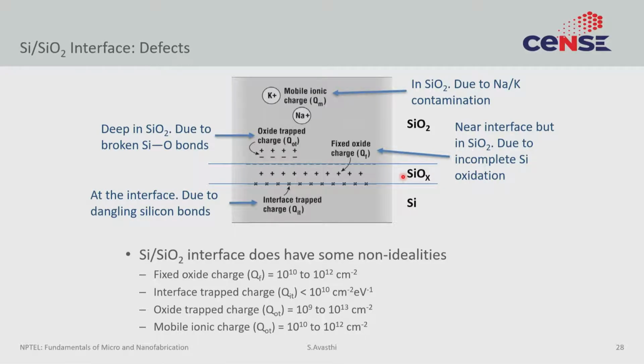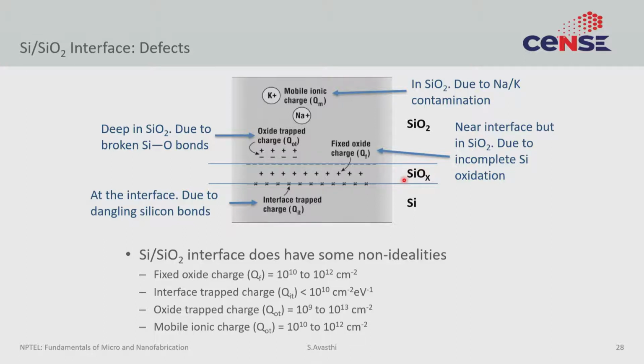So let's get started. Primarily there are 4 or 5 types of defects that can exist at the silicon dioxide interface. Supposing you have silicon and you have grown a silicon dioxide. The first one to appreciate is that silicon is crystalline and silicon dioxide is amorphous. So there must be some transition region where the silicon dioxide is not exactly stoichiometric. This is what this SiOx region represents.